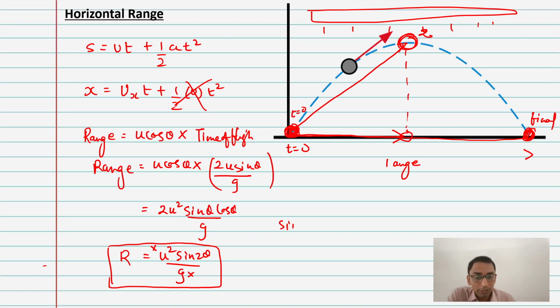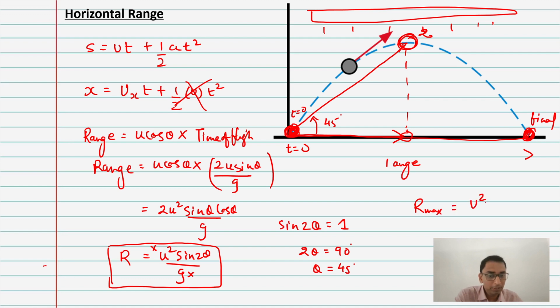That means 2 theta has to be sine inverse 1, that is 90 degrees, which means theta should be 45 degrees. So if you throw any projectile at an angle of 45 degrees, the range will be maximum compared to the other angles, right? And the maximum range is simply u square upon g, because sine 2 theta is 1.